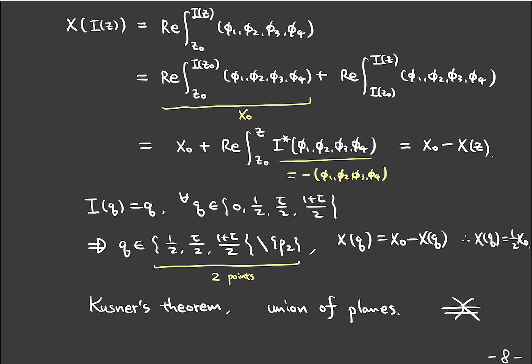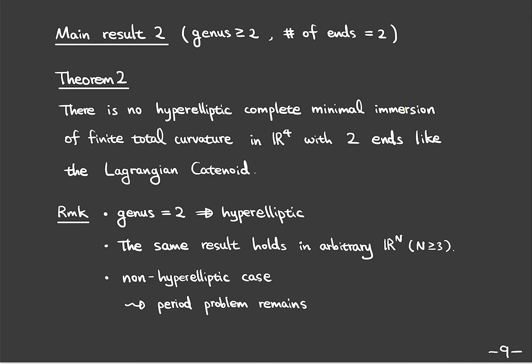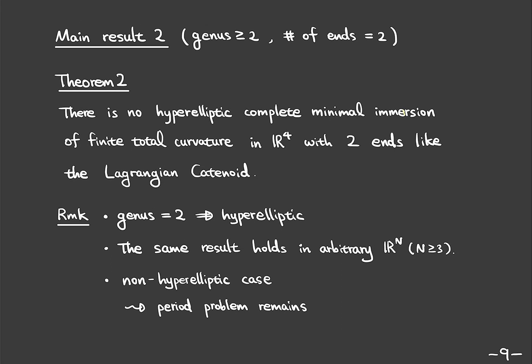Now we state our second theorem. Theorem 2 is that there is no hyperelliptic complete minimal immersion of finite total curvature in R4 with two ends like the Lagrangian catenoid.